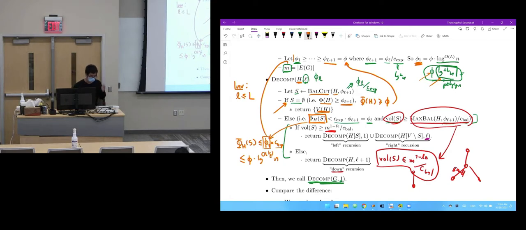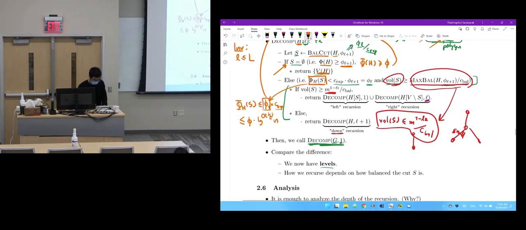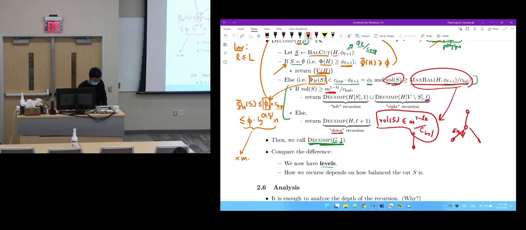And then we use the same argument as we did in class. Once we know that we always cut sparse cuts, the total number of edges that we ever cut is going to be this thing times m times log m, right? Is this okay?